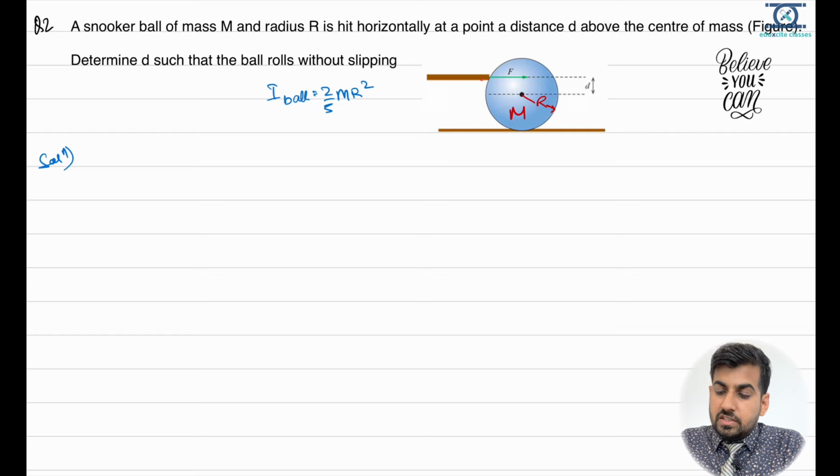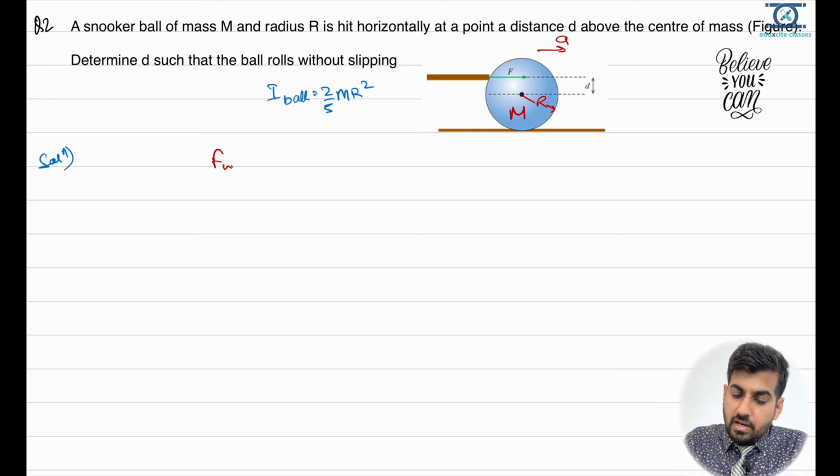Now this ball will move forward, so if this ball moves in the forward direction, I can say F net, or F simply, the force given in the question itself, is equal to mass capital M times acceleration, let us say a.